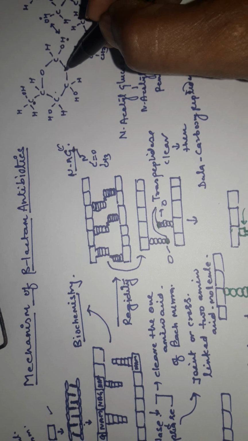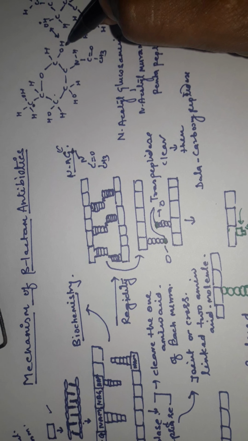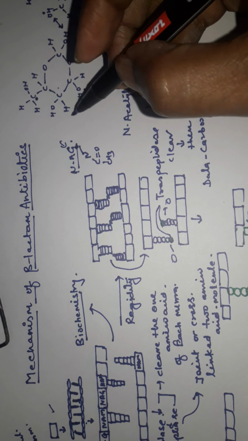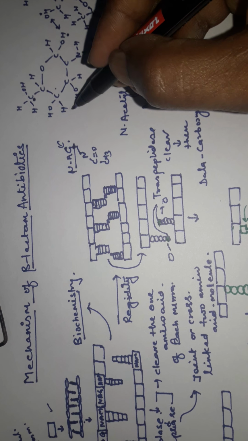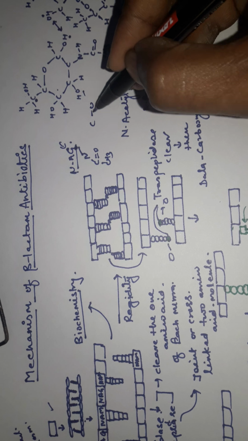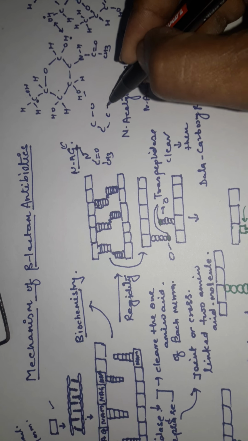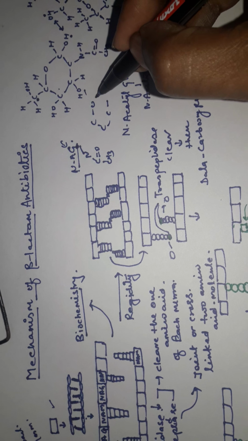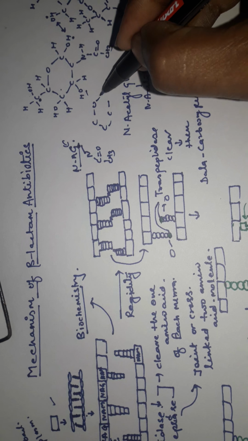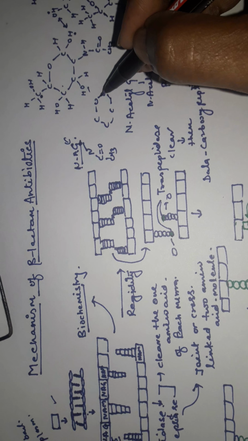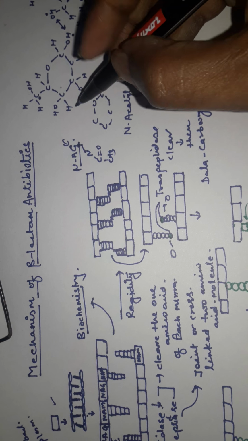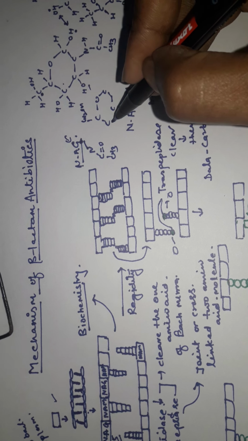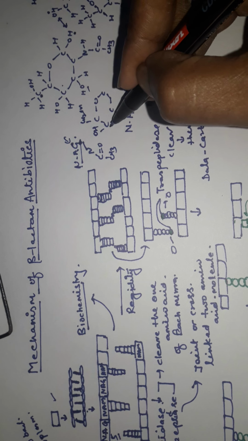It is the structure of glucose, with this terminal OH and this OH. Very simply, if you want to draw the structure, it is a chain of carbon and 1 oxygen, meaning 5 carbons are present in the ring. Each glucose has CH2OH, and the remaining positions have OH and H.